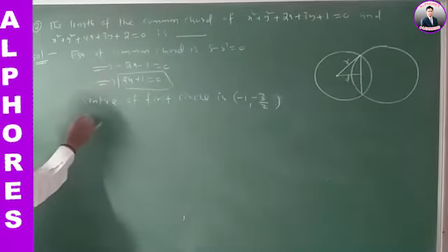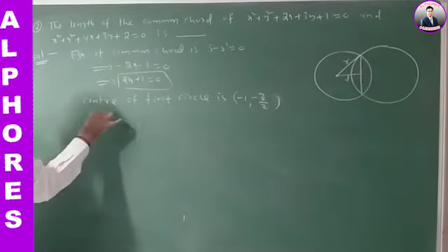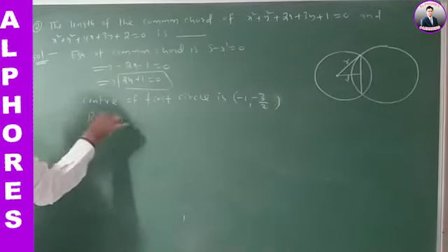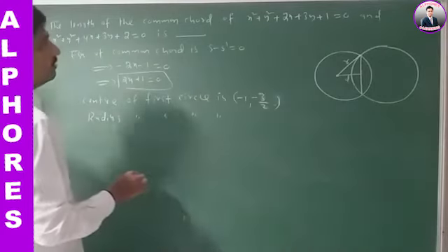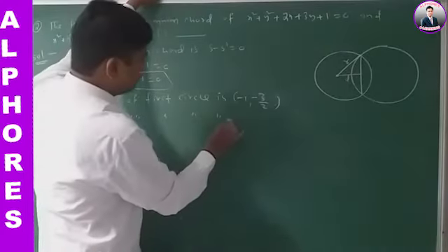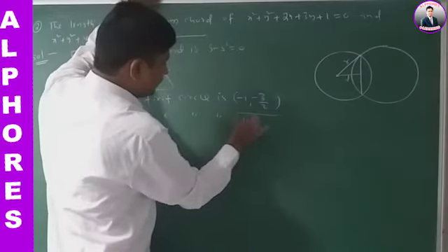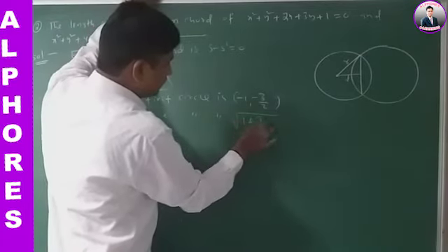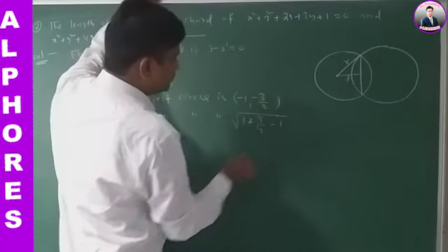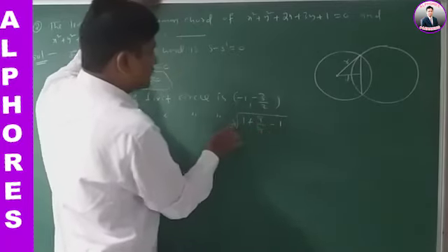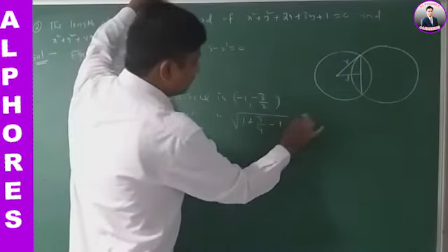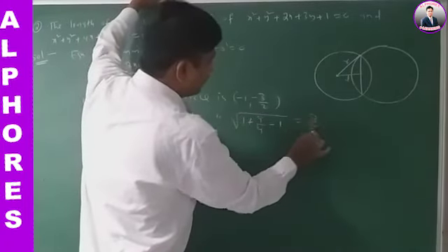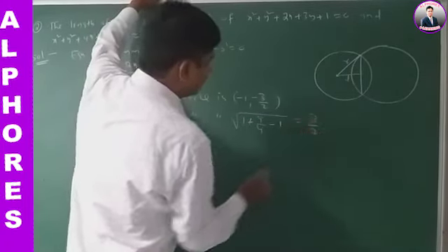Same here, radius. The radius of the first circle is under root of g square plus f square minus c, which is under root of 9 by 4 plus 1 minus 1. Here 1 cancels. This is under root of 9 by 4, it is 3 by 2.